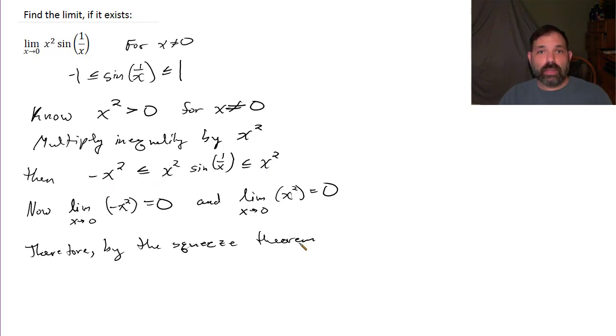And I know that the limit as x approaches 0 of each of those outer functions is 0. So by the squeeze theorem, the limit as x approaches 0 of x squared sine of 1 over x must also be equal to 0. So that's a way that we can use the squeeze theorem to prove a limit.